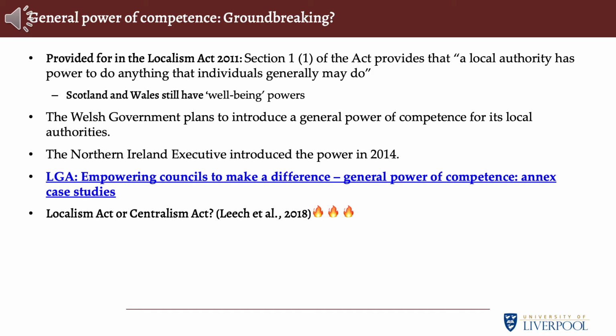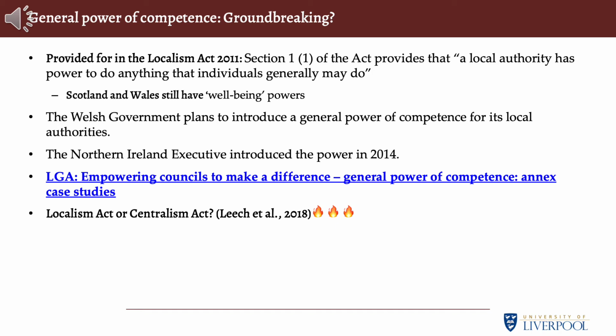This led to the Local Government Act 1972, Section 111, which gave local authorities the power to do anything which is calculated to facilitate, or is conducive or incidental to, the discharge of any of their functions. This was seen as a bit of a help, but it didn't really go that much further, because the things you were doing still had to be closely linked to what you could already do under law.